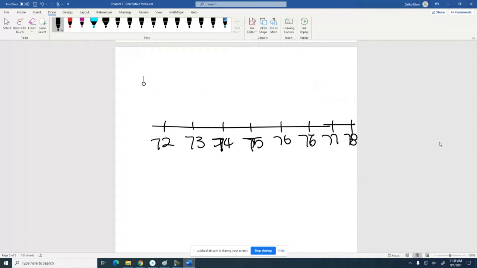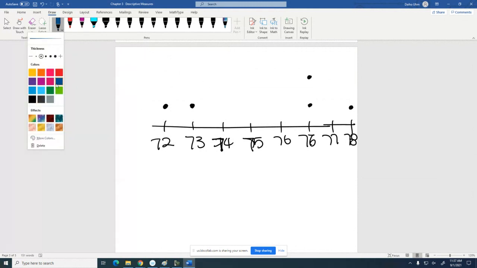I can make a scale and dot plot 72, 73, 2 76s. Here is the first one and the second one, and the tallest one is 78. Do you remember the dot plot with the 5 heights, right?